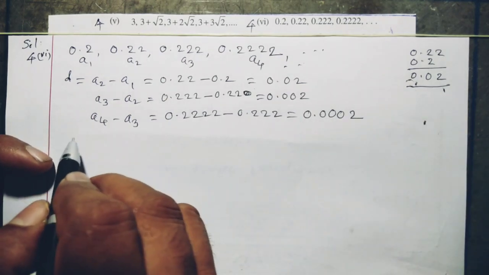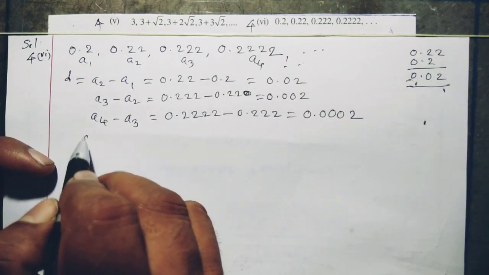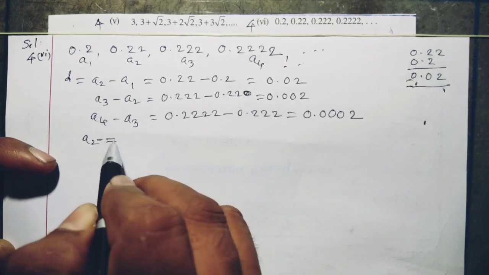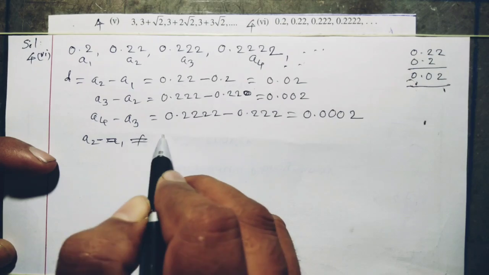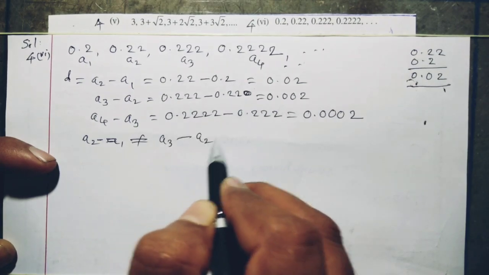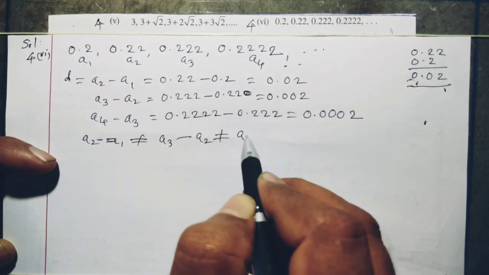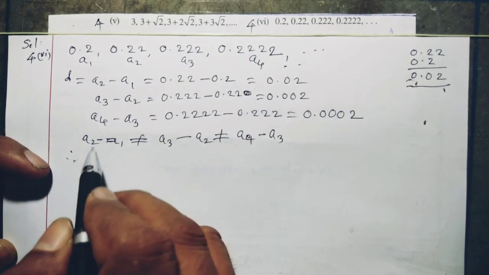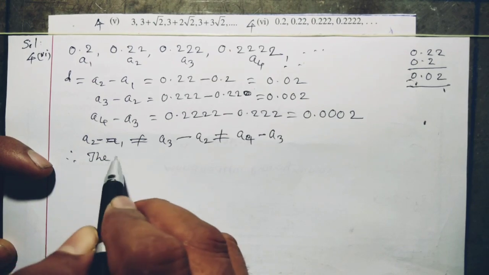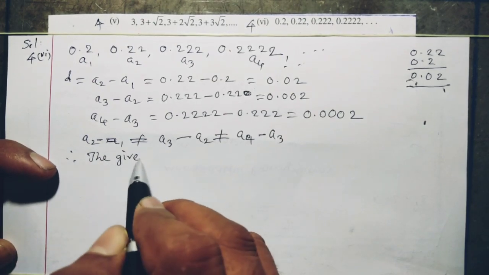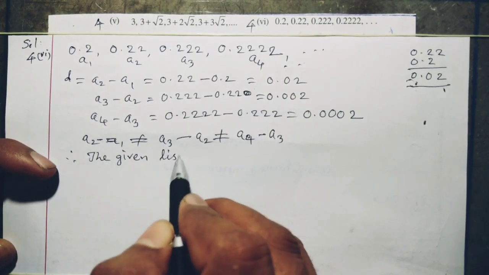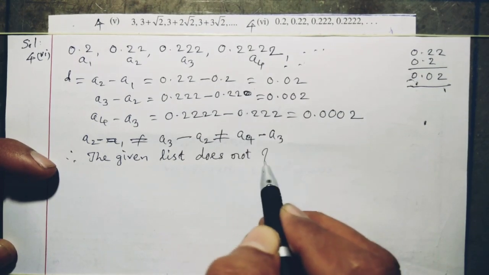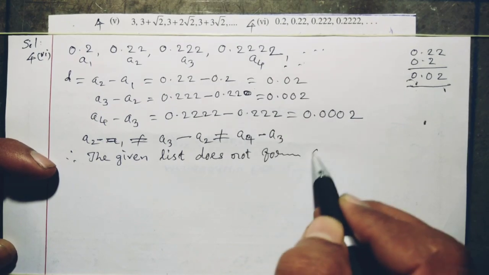So here A2 minus A1 is not equal to A3 minus A2, which is not equal to A4 minus A3. Therefore the given list does not form an AP.